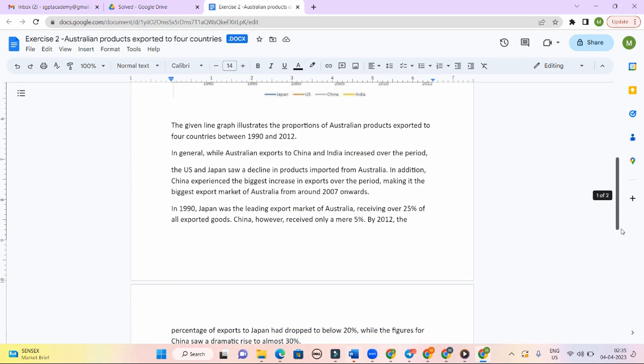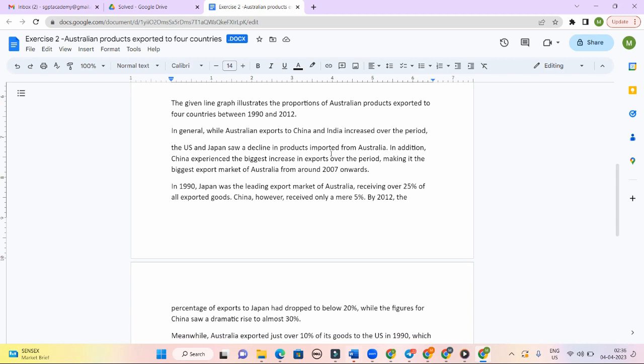Now, overall, you can understand that the first opening statement shows the description of the overall graph. What is this graph all about? In the second paragraph, you mention the most striking features, that is the highest and the lowest. And then in the next paragraph, you give the descriptions of each graph.